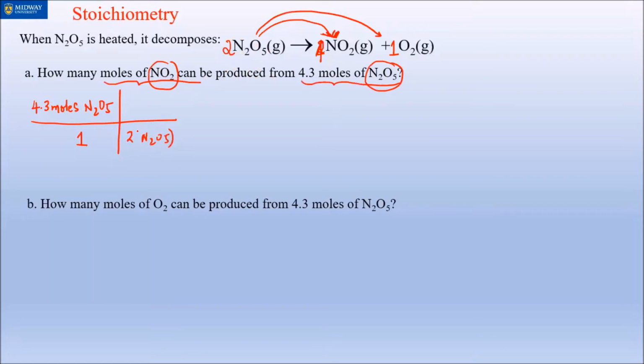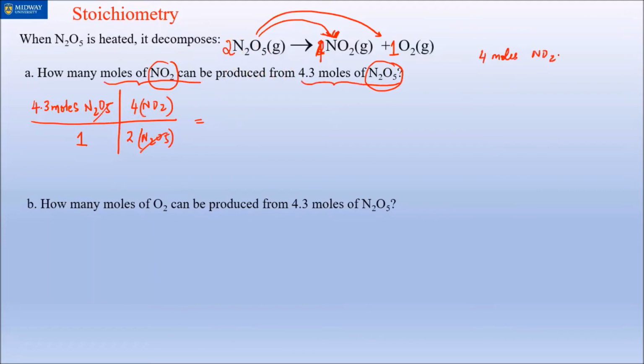That's the ratio of 2 N2O5 to 4 NO2. You cannot put the 2 N2O5 on the top because we're trying to cancel this out. We're trying to get the answer in how many moles of NO2 is formed, and that's it. So we cancel out the N2O5. We want the moles of NO2. I'm writing 4 NO2, which is the same as writing 4 moles of NO2.